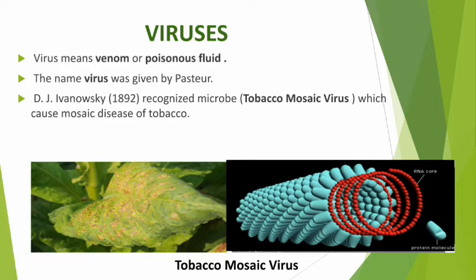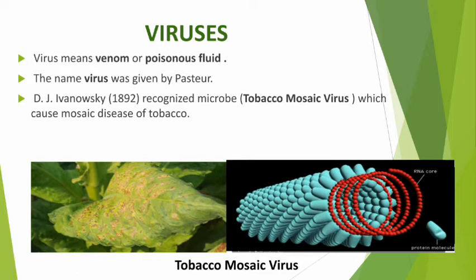So in 1892, Iwanowsky for the first time recognized a virus, tobacco mosaic virus, which causes mosaic disease in tobacco. Here is a picture which shows how this virus causes mosaic disease in tobacco. A leaf is destroyed by virus infection.